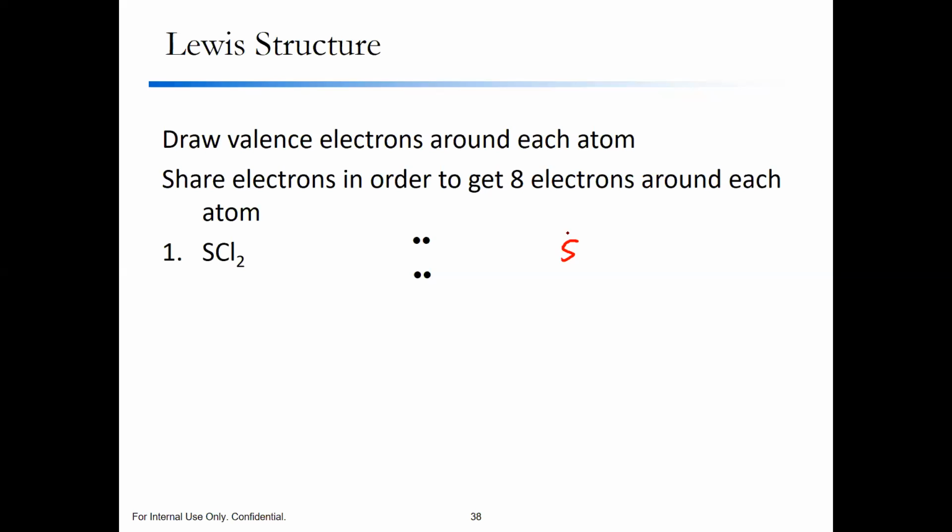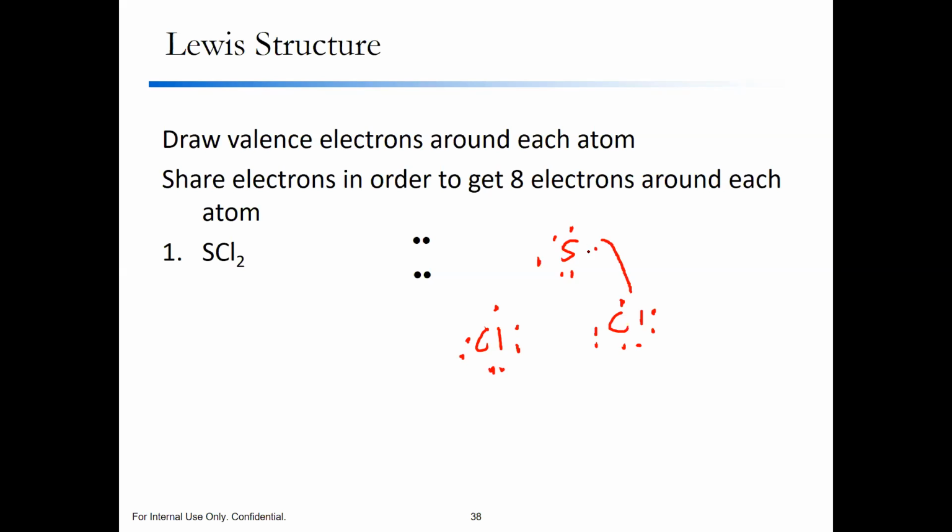So sulfur, how many valence electrons are on sulfur? 6. Chlorine? 7. Well, I have 2 chlorines. I don't know which, so I just have to figure out how these 3 could be connected so I could get 8 valence electrons on each one.